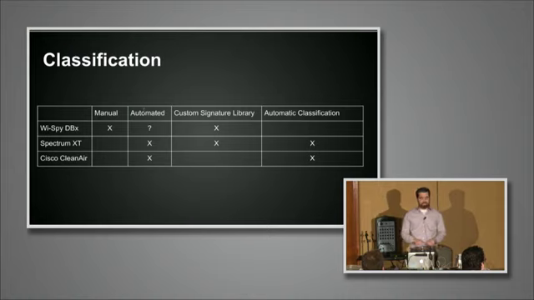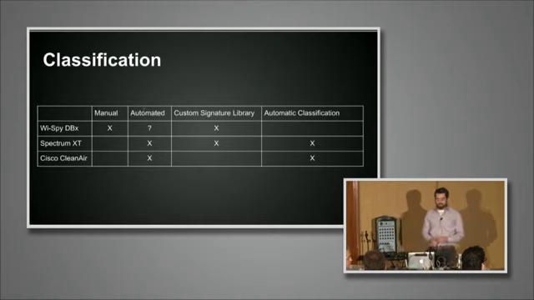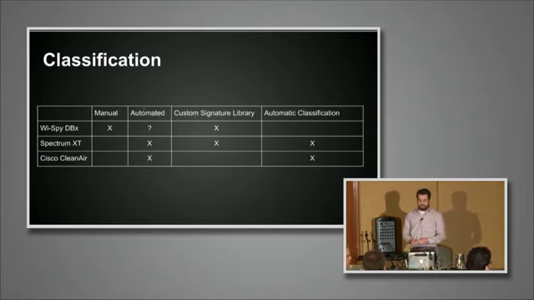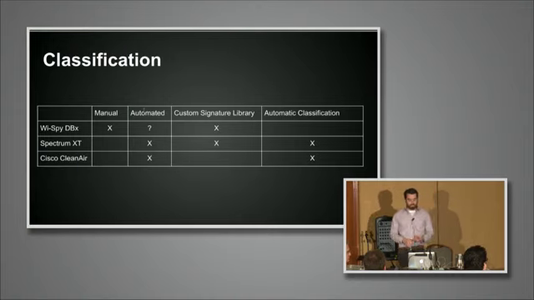It's not going to be in the same sense that some of the other devices will do. The YSpy DBX and Spectrum XT will both allow you to do a custom classification or signature library. And as far as automatic classification goes, Spectrum XT and the Cisco Clean Air or the Cognio card will do automatic classification.